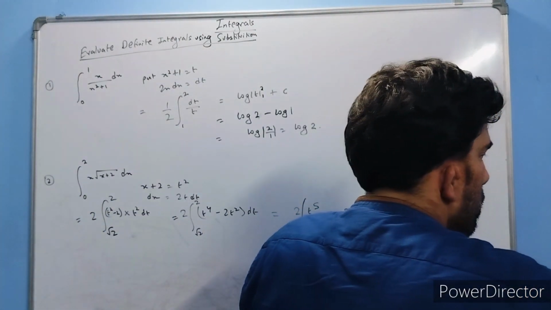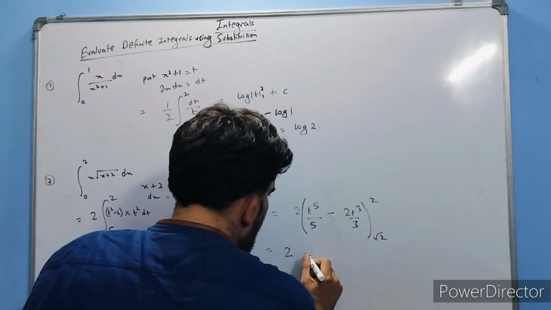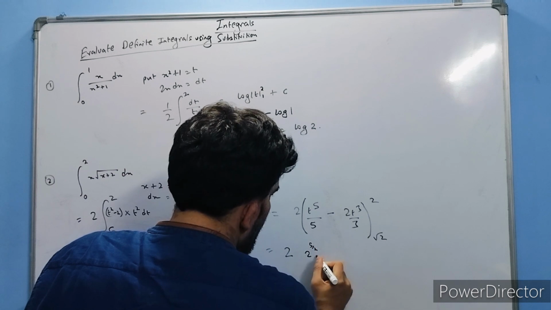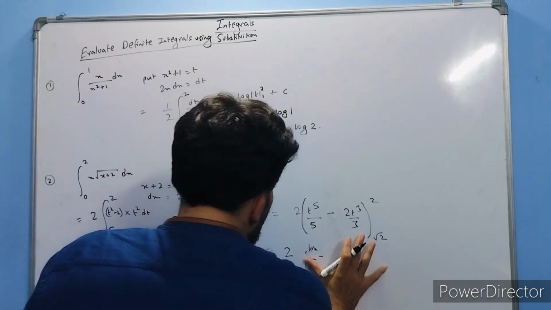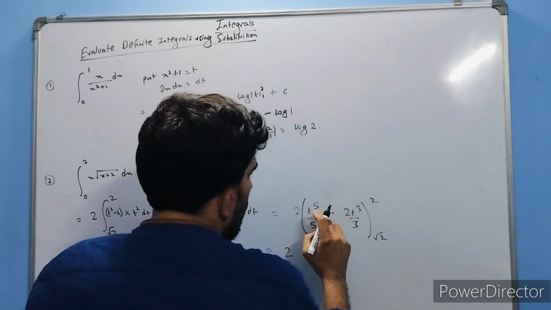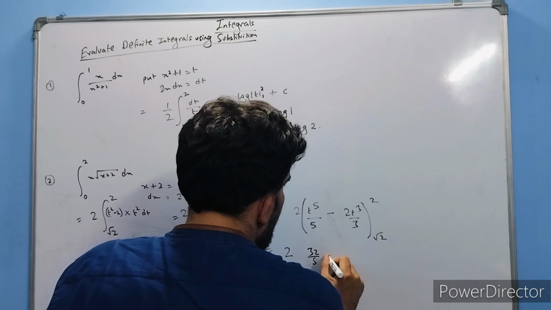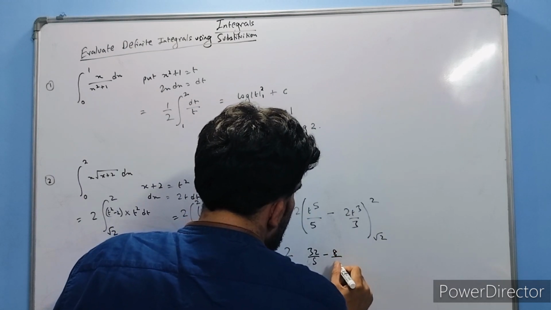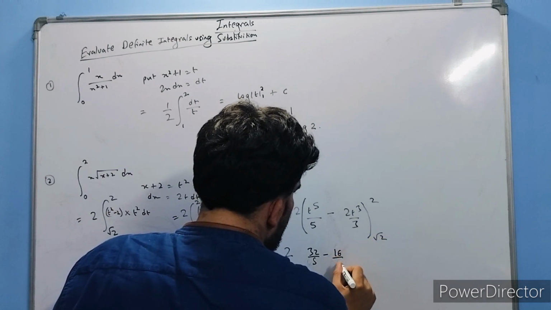Now we'll sort it out. First we'll put the upper limit. So if I put t equal to 2, I get 2 times 32 upon 5 minus 2 times 8, that is 16 upon 3.